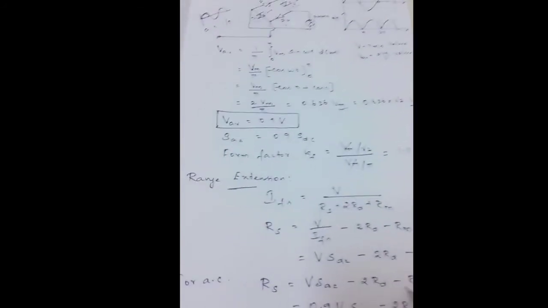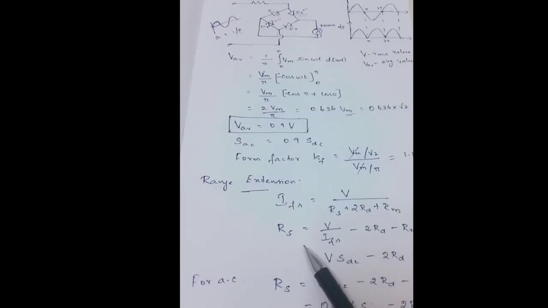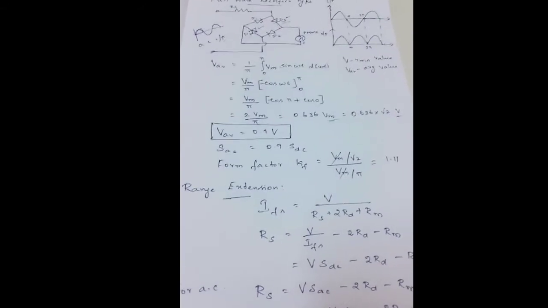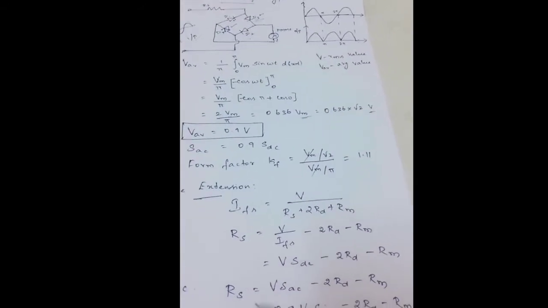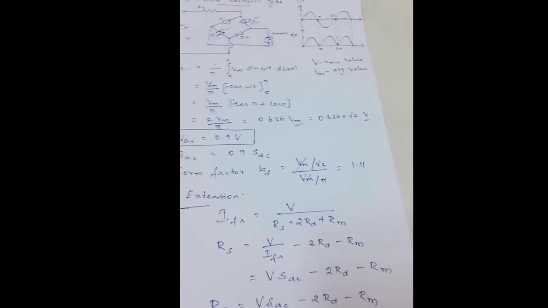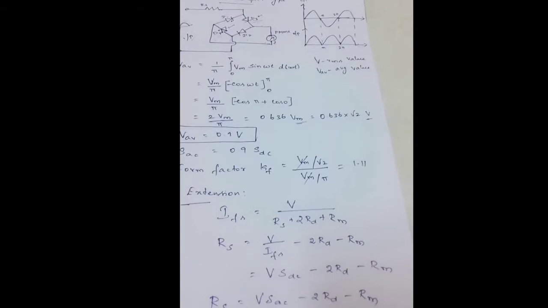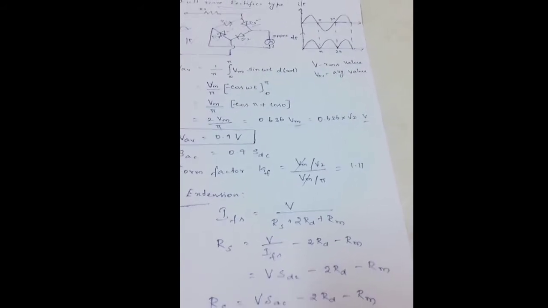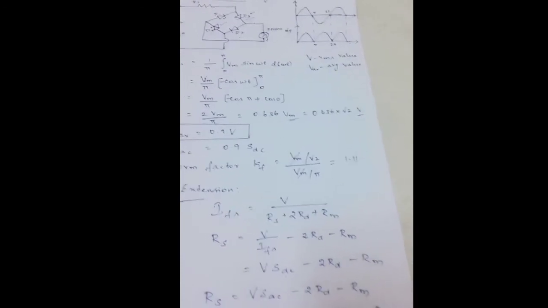Suppose this instrument has to be used for AC measurement, we can use RS equal to V into SAC minus 2 RD minus RM. SAC is 0.9 SDC, so I am substituting it here: RS equals 0.9 V SDC minus 2 RD minus RM.